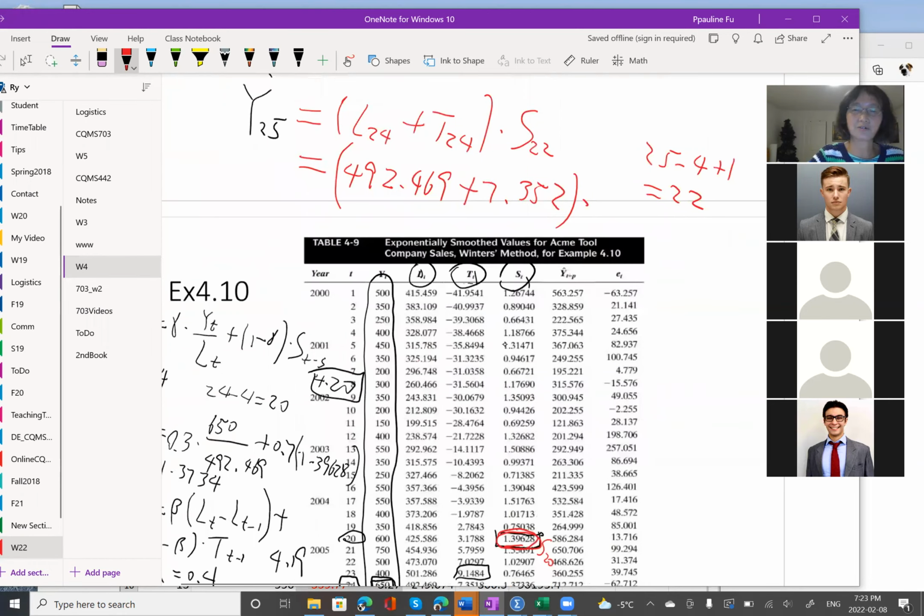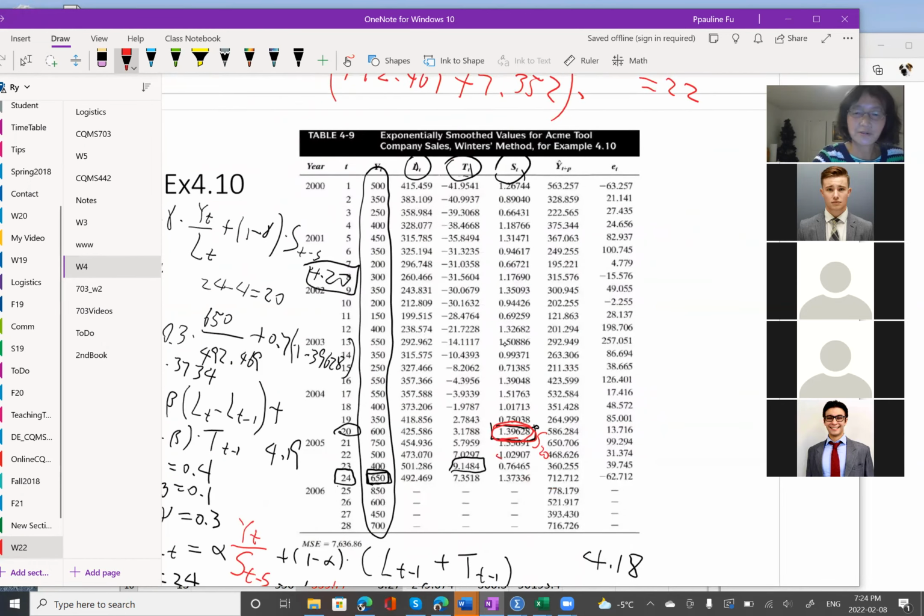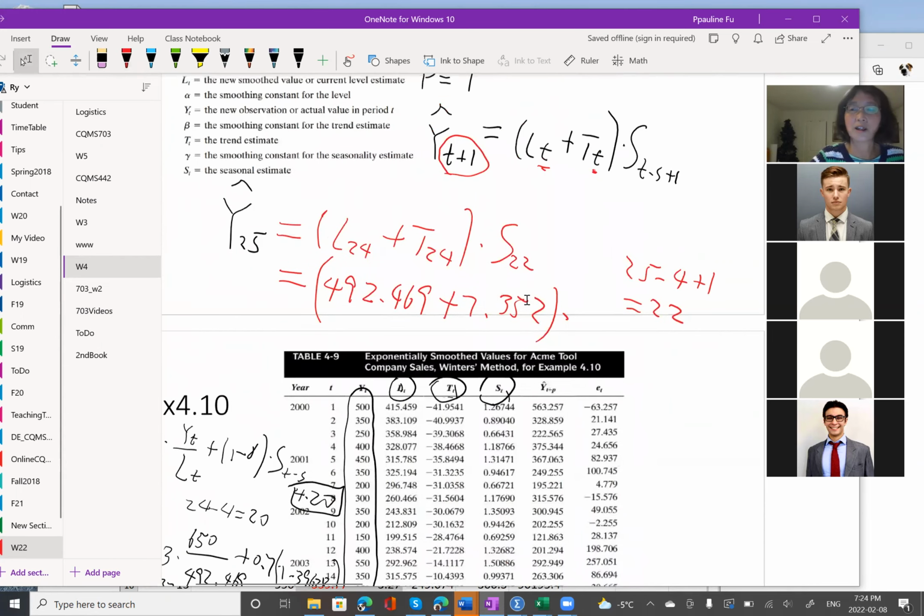So let's figure out what is S22. S22 is here. Hold on, I made a mistake here. T equal to 24. So 24 minus 4 plus 1 equal to 21. This is T minus S plus 1, with T equal to 24, so T plus 1 is 25.